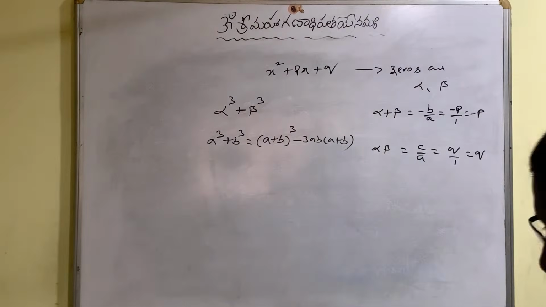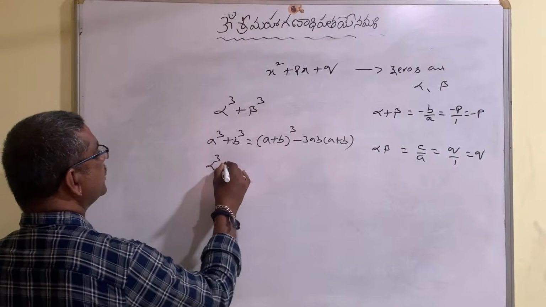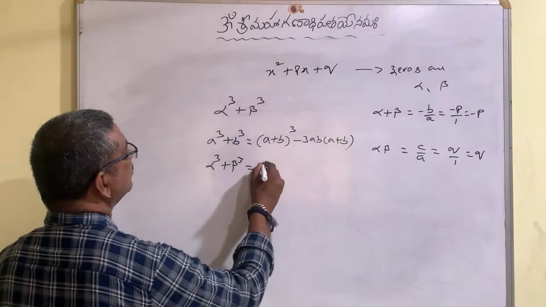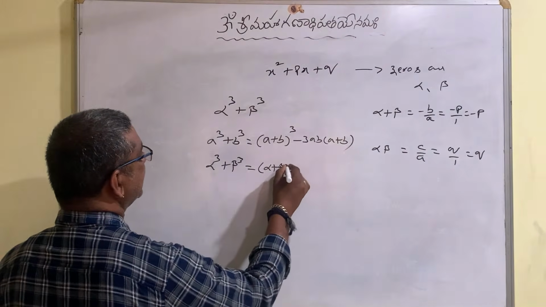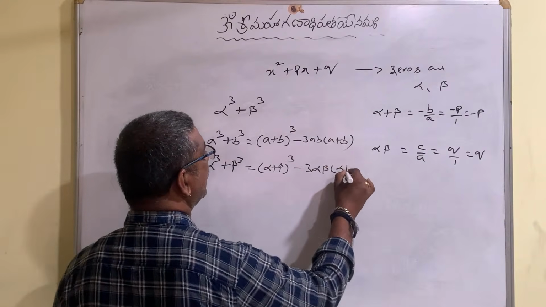Is that right? Now, alpha cube plus beta cube is equal to alpha plus beta whole cube minus 3 alpha beta into alpha plus beta.